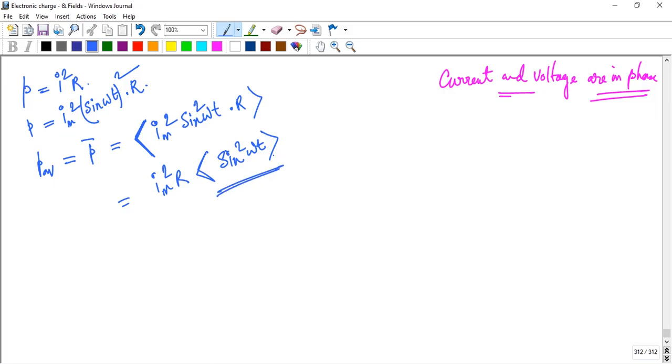Very important. Now calculate these terms. Suppose you consider a function of t. How to calculate the average of sine square omega t?